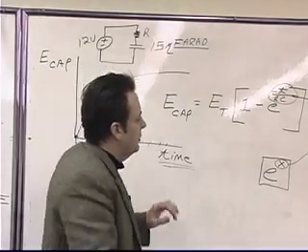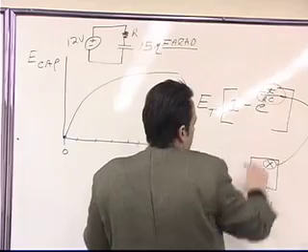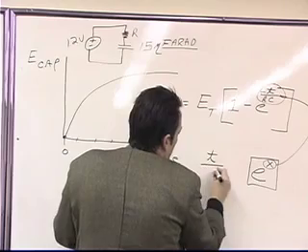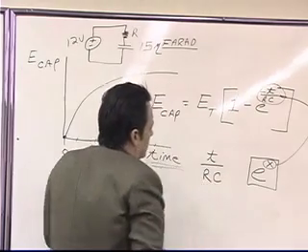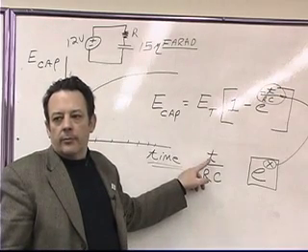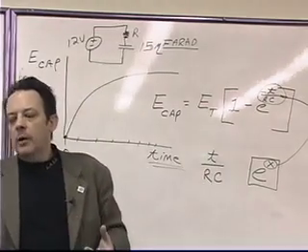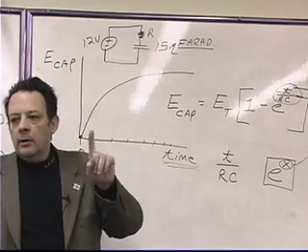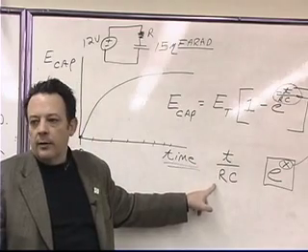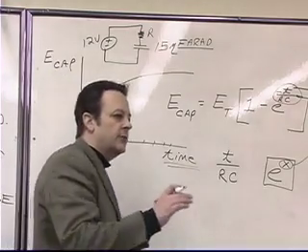Now, what you can see if you look at this exponent right here by itself, let's just look at this exponent by itself for a moment. Let's take t over RC. If t represents time, okay, and I want this exponent to simplify into a really simple number, like 1, then what would t have to be equal to if this were going to simplify into 1? t would have to be capacitance times resistance.